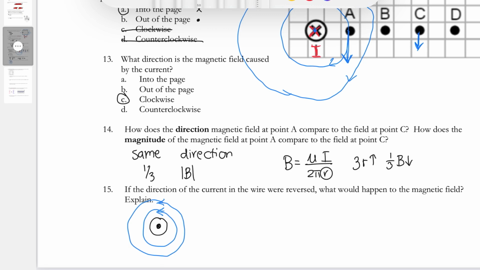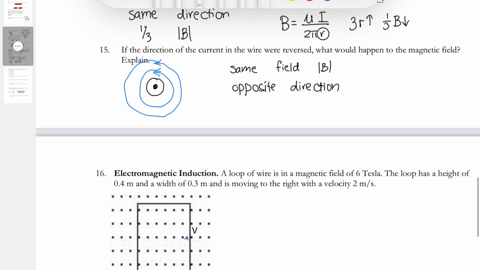The dot symbol means out of the page or towards you, and your fingers curl in a counterclockwise direction. So this would have the same field strength, but in the opposite direction, going up instead of down, counterclockwise instead of clockwise.